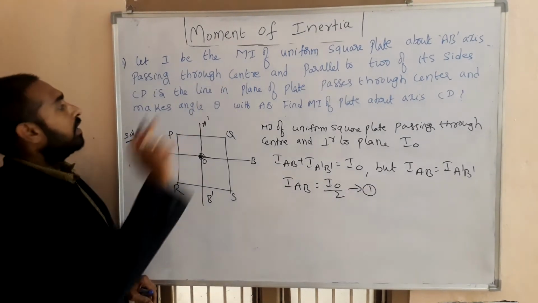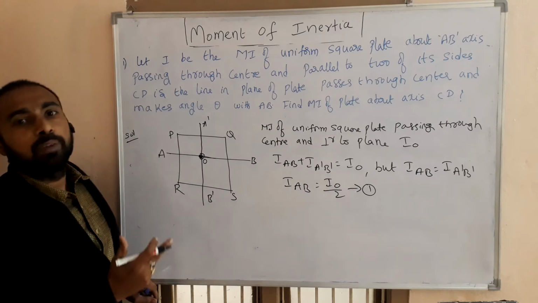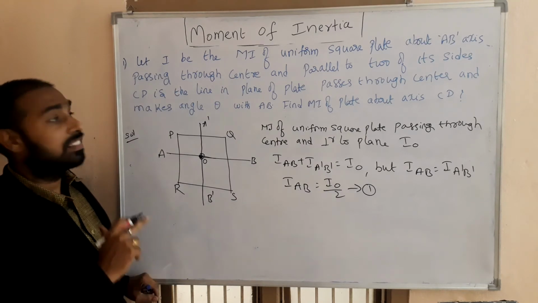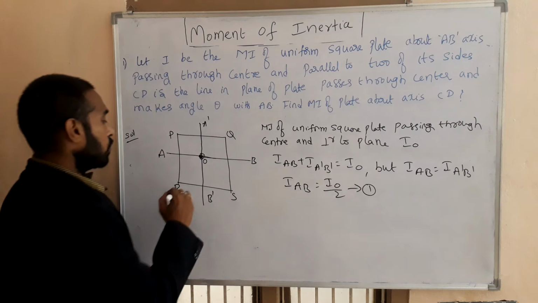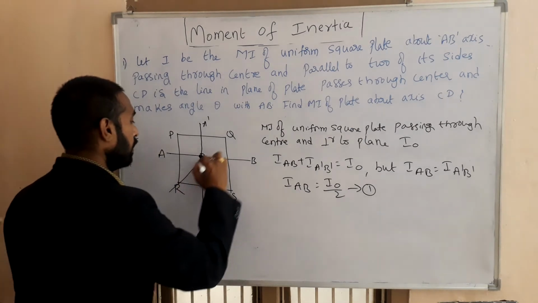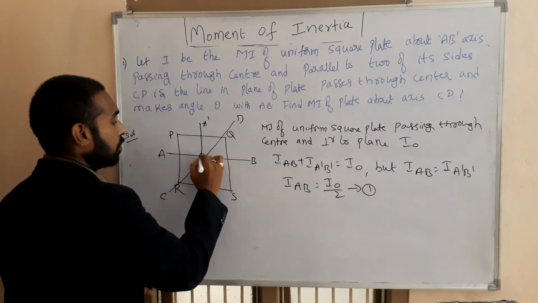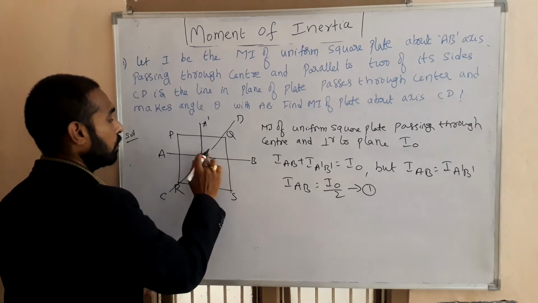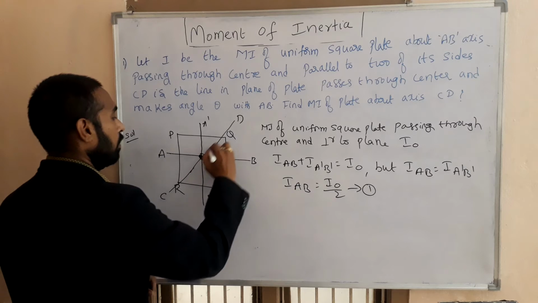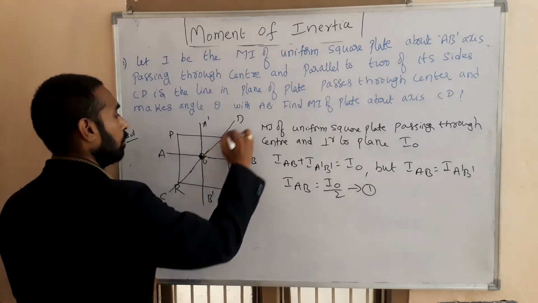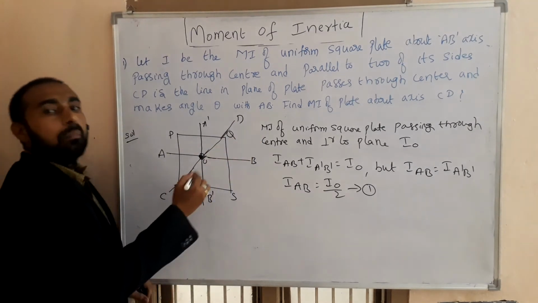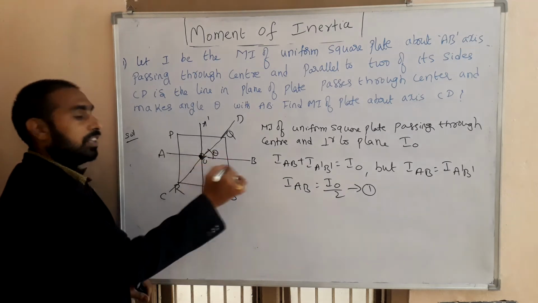Now read the next line. CD is the line in the plane of the plate that passes through the center and makes angle theta with AB. So I would like to draw a line CD here that also passes through the center, making angle theta with AB.